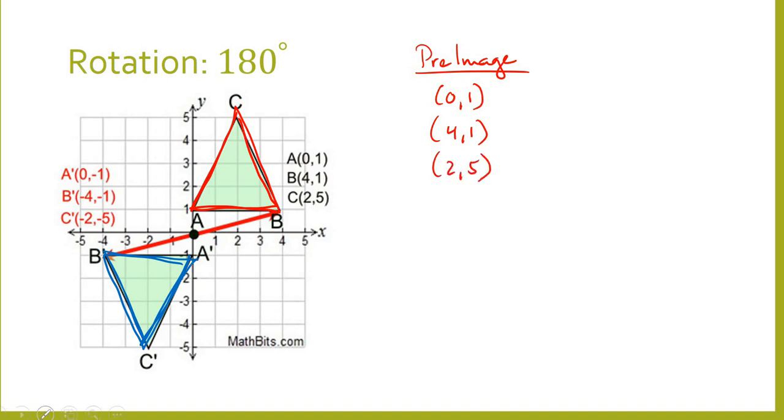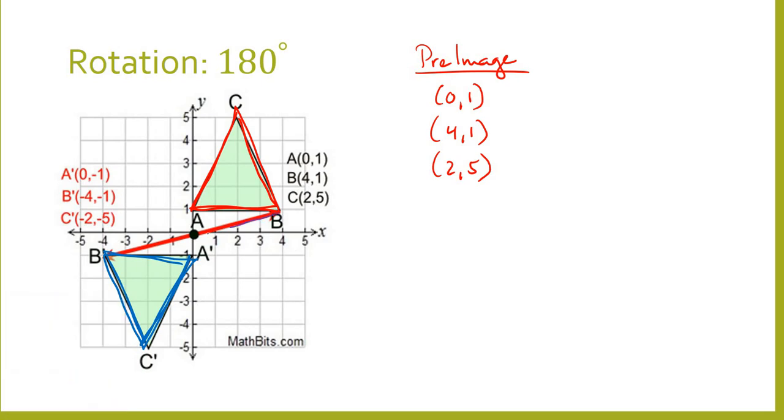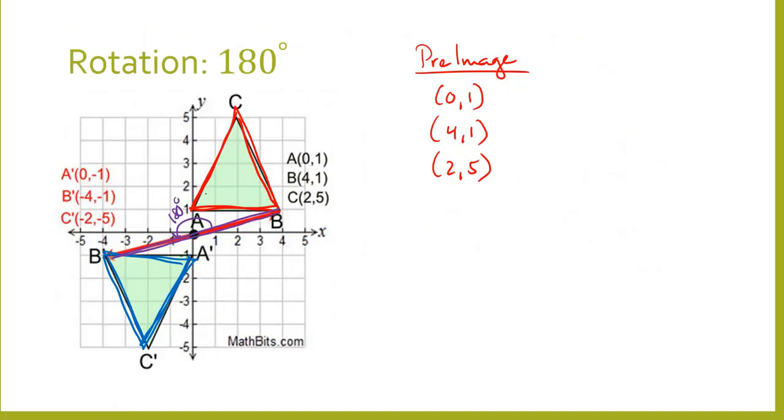Again, they've shown an example with point B, where they've taken it straight through the origin. This is a 180-degree rotation all the way through our origin.